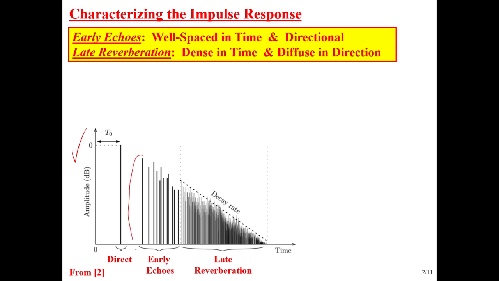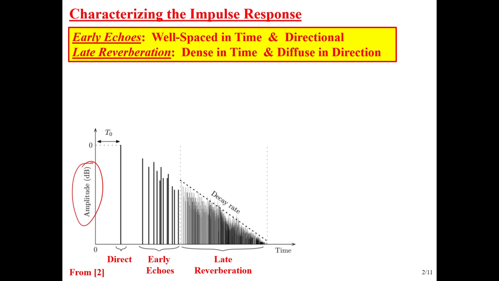We get these very discrete deltas, and we're looking at it in an amplitude that's in dB, so everything has been absolute valued first. But we see some characteristics in this caricature that we want to be aware of.